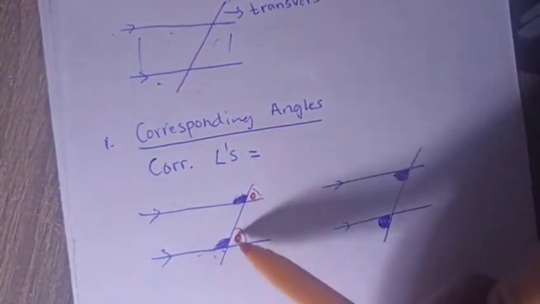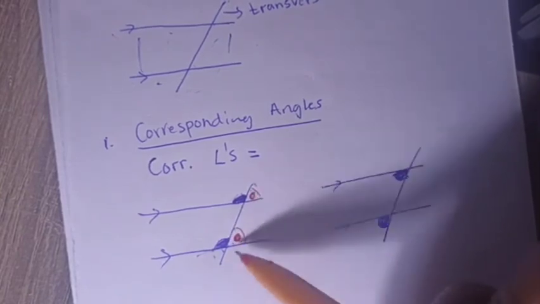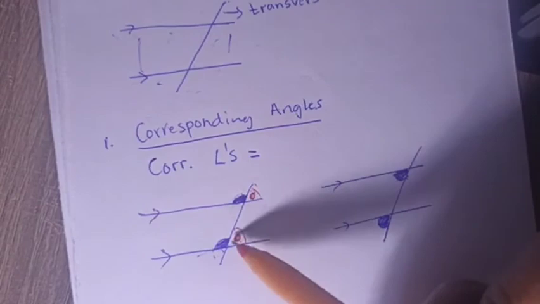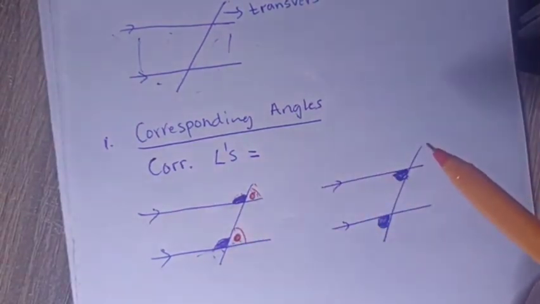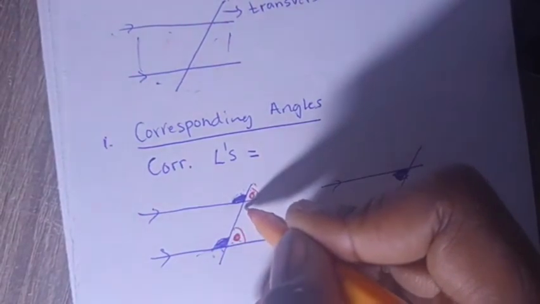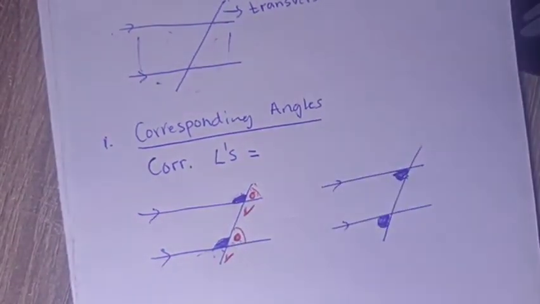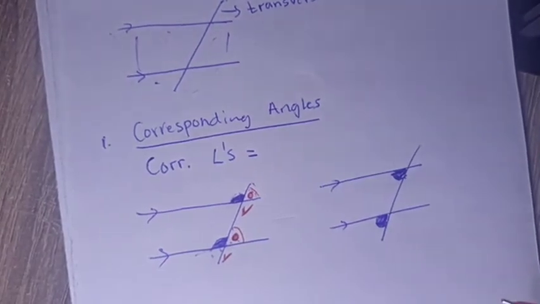Can you see that they are in the same position? If this is 100 degrees, then automatically, because these two angles are corresponding, that one is 100 degrees too. They are in the same position.